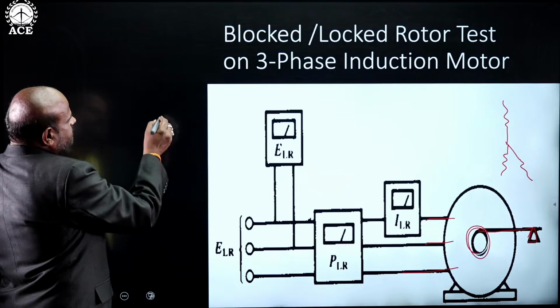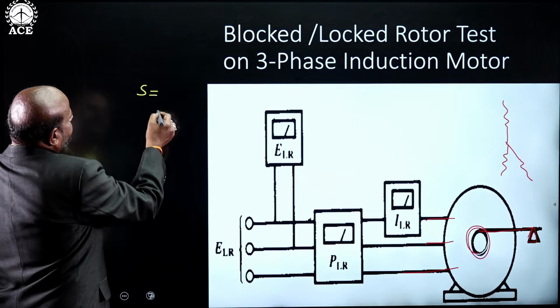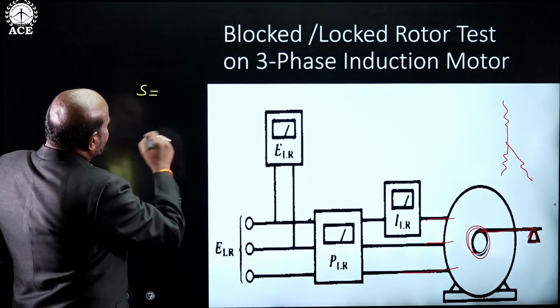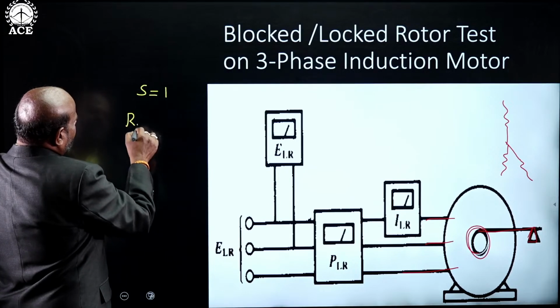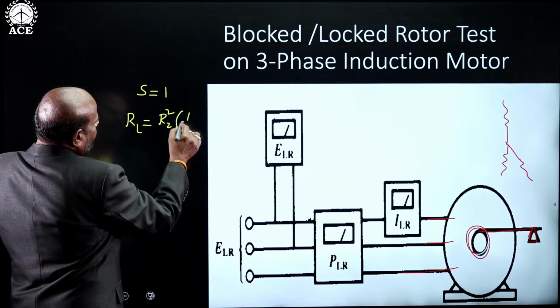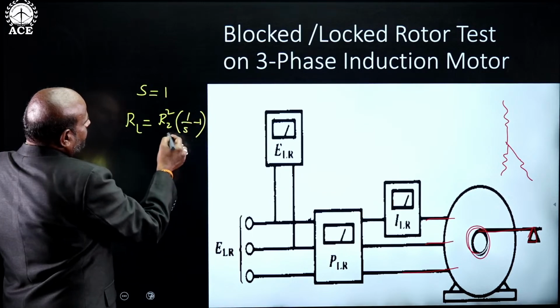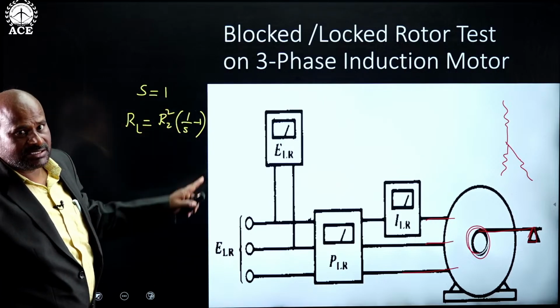And same way, whenever the rotor is blocked, means the speed of the machine is 0. When the speed is 0, this is called a standstill condition. S is 1, but RL is equal to R2 square into 1 by S minus 1.